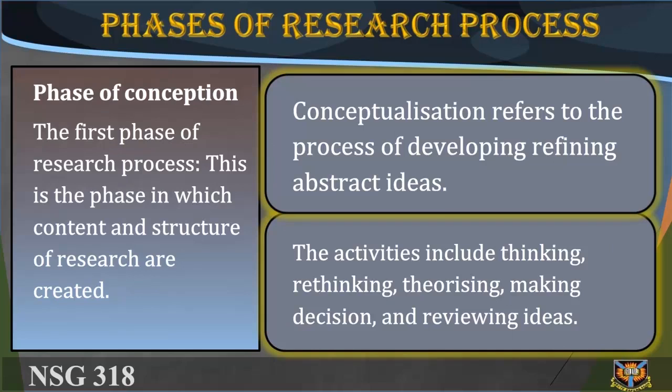Phase of conception. The first phase of the research process is the phase in which the content and structure of research are created. Conceptualization refers to the process of developing and refining abstract ideas. The activities include thinking, rethinking, theorizing, making decisions, and reviewing ideas.